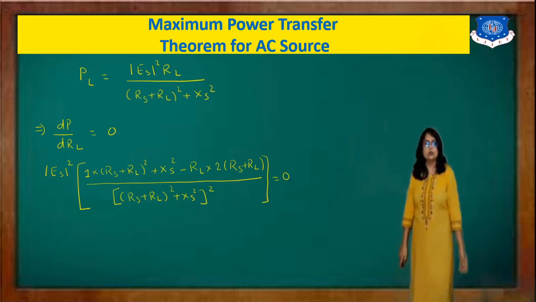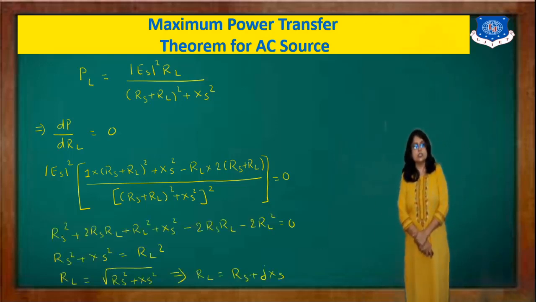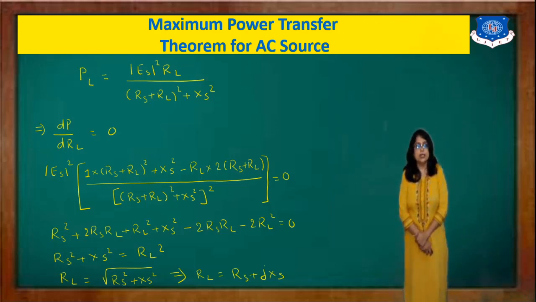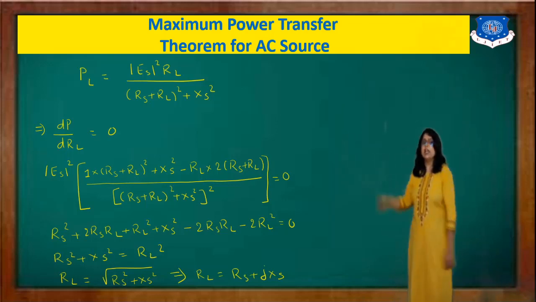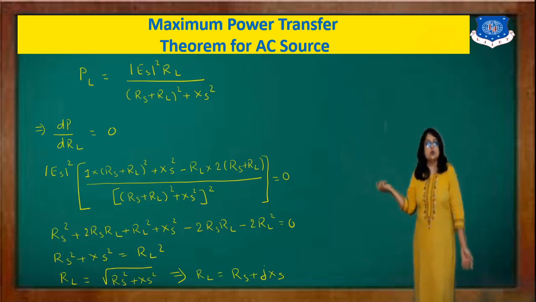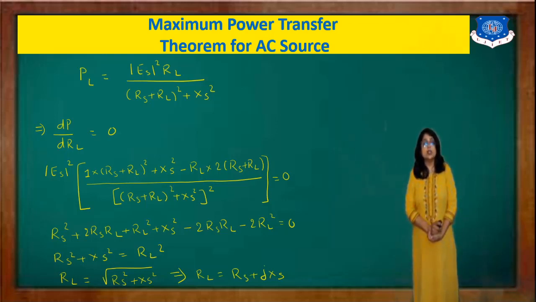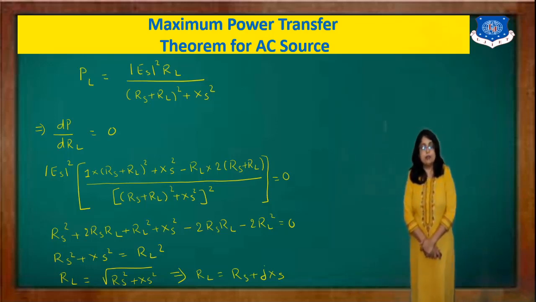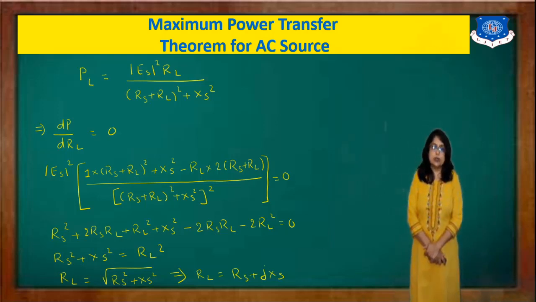ES square times 0. Then if you solve this, first you have to open the brackets. So it's RS square plus 2RS RL plus RL square, then XS square, minus 2RS RL minus 2RL square equals 0. Then finally what do we get? RL square equals RS square plus XS square.